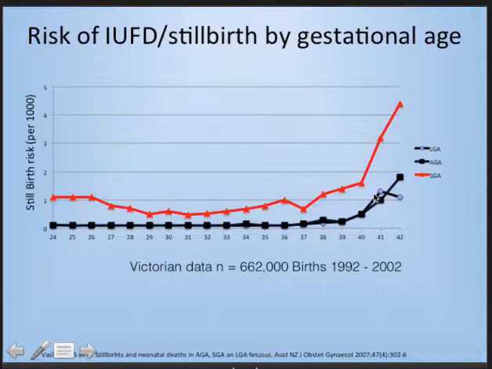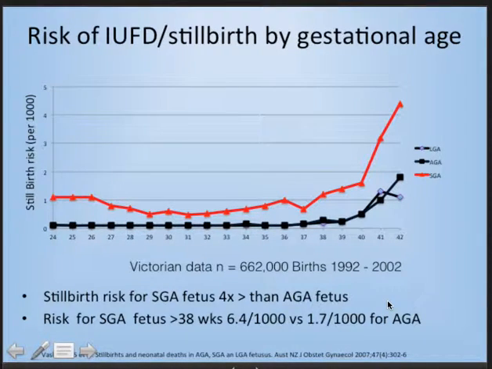Here behind is the large for gestational age fetus, and most importantly for us, we see the small for gestational age fetus. The stillbirth rate is higher than the adequate for gestational age fetus, but we see an enormous increase after 40 weeks. At this stage, the stillbirth rate is roughly 4 times that of an AGA fetus.